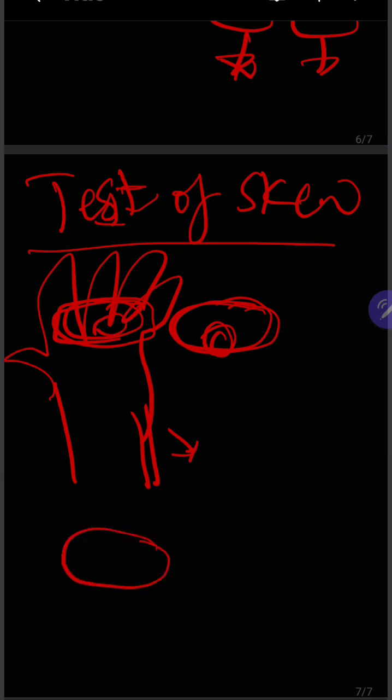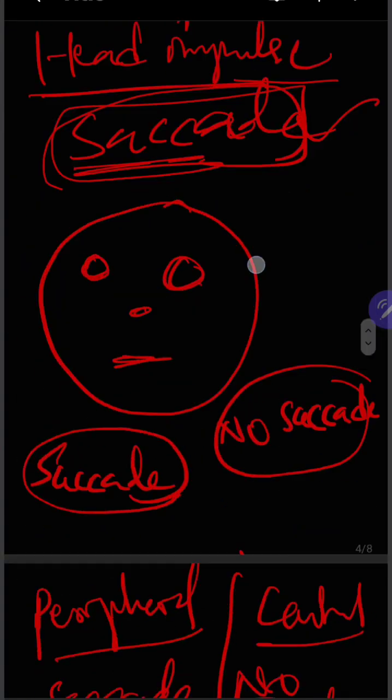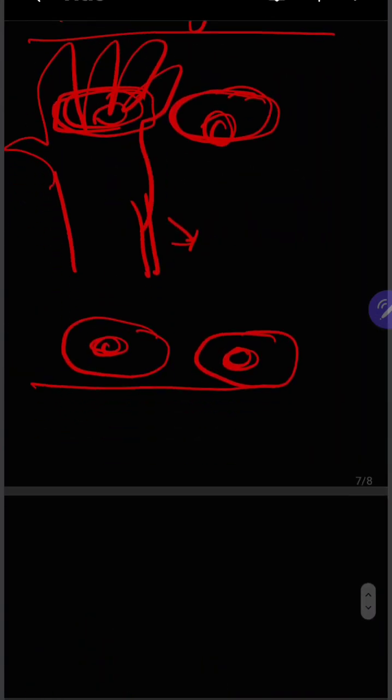Afterwards, what you will see: the eyes will be in the same position. That is normal in peripheral vertigo.